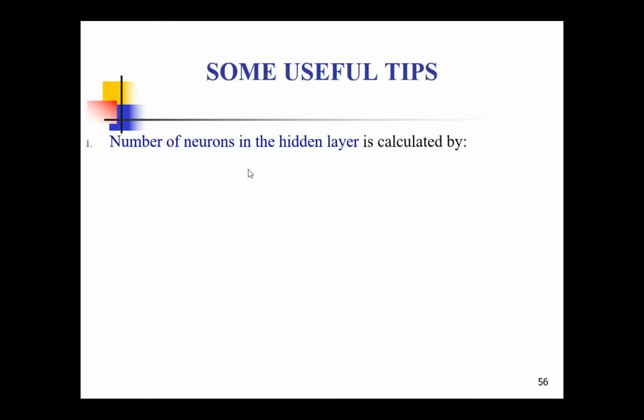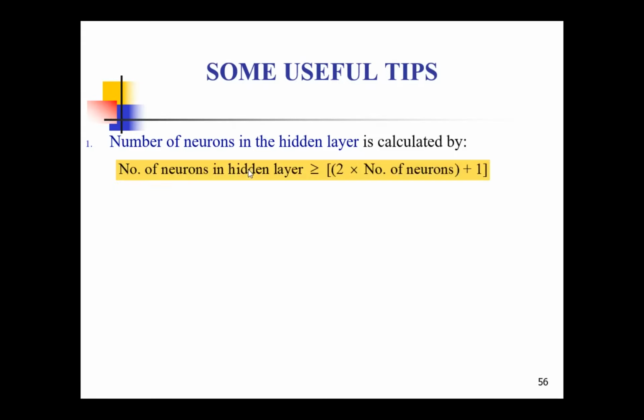But as a thumb rule, the number of neurons in the hidden layer should be greater than or equal to 2 into the number of input neurons plus 1. If I consider 3 inputs, then 2 into 3 plus 1, so 7 neurons. The minimum number of hidden layer neurons should be 7.